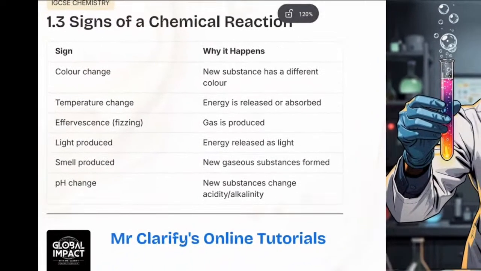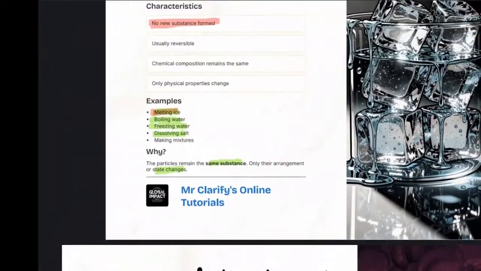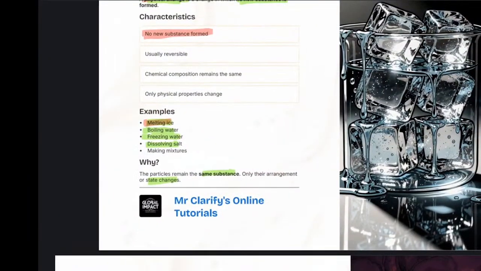Now, how do you see a chemical reaction? Listen, we said a physical change is not a reaction. But I want you to know also that when a reaction happens, there can also be a physical change that happens. So basically, if no new substance gets formed, we do not have a reaction.